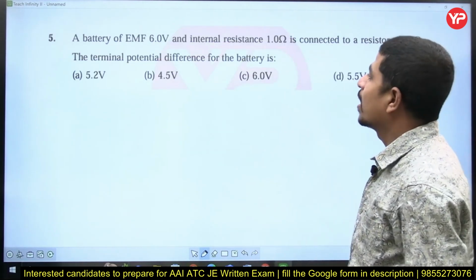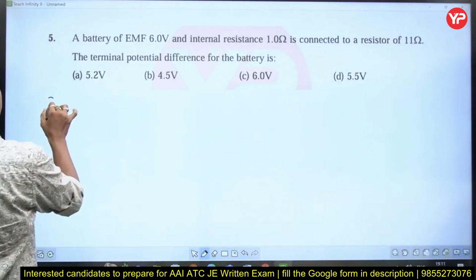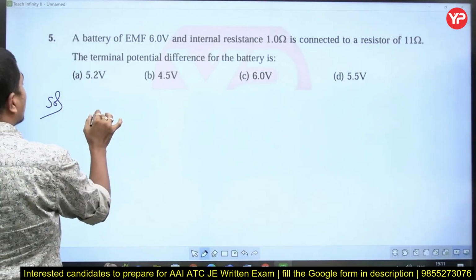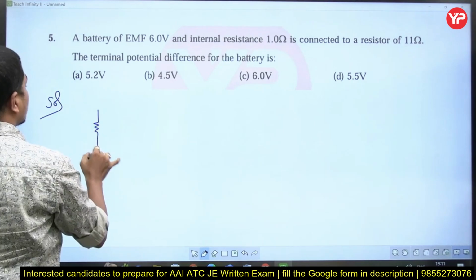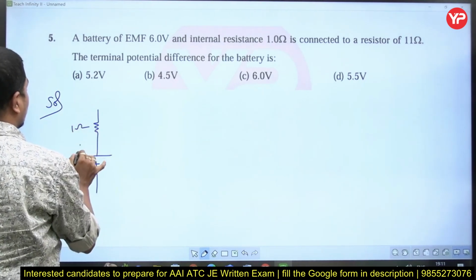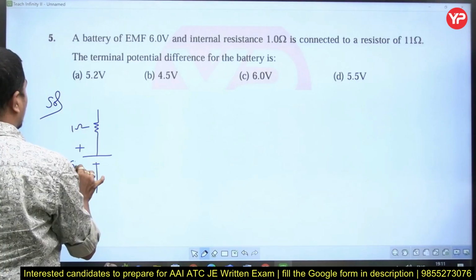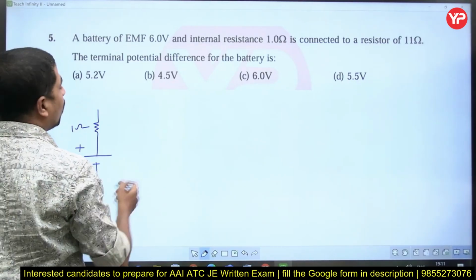Next question, please. It says a battery of EMF 6 volts and internal resistance of 1 ohm. This resistance is 1 ohm and this voltage is 6 volts. It is connected to a resistor of 11 ohms.